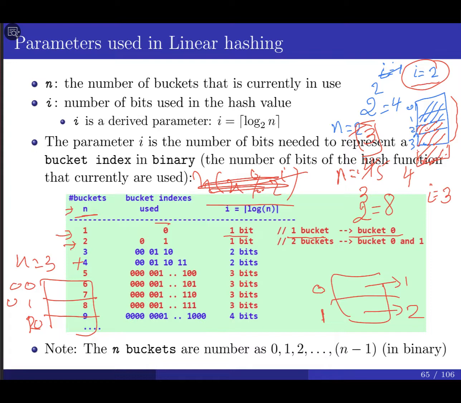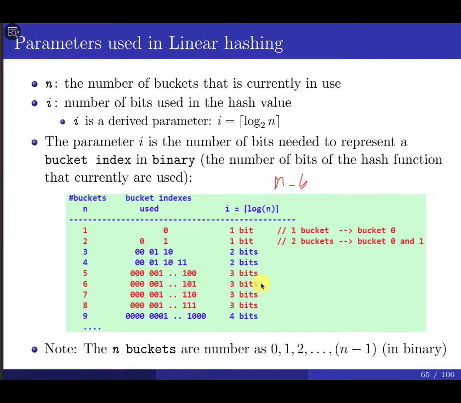Is it clear? So that means if n equals 5 up to n equals 8, I need 3 bits in order to represent the numbers from bucket 0 up to n minus 1. Okay? So when you talk about the buckets in general, if we have n buckets, the numbers are going to be from 0 up to n minus 1.